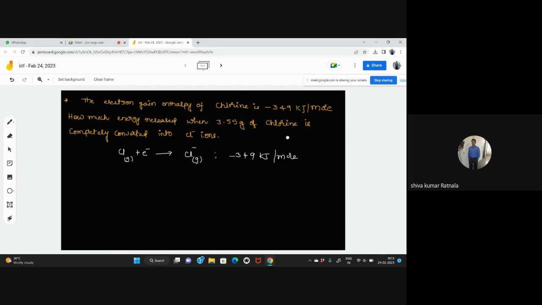And 1 mole of any substance weighs its gram molecular weight, so 1 mole of chlorine is 35.5 grams. To convert into Cl minus, the energy is minus 349 kilojoules.